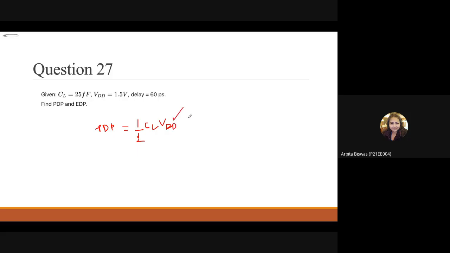So half of CL, it is 25. Farad means 10 to the power minus 15, right? Into VDD square. The value of this VDD is 1.5, whole square. Just calculate this value and tell me the answer.